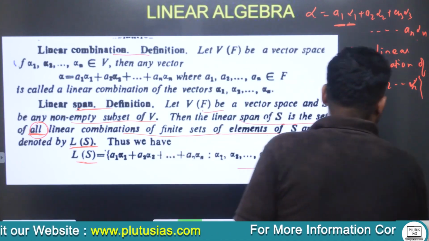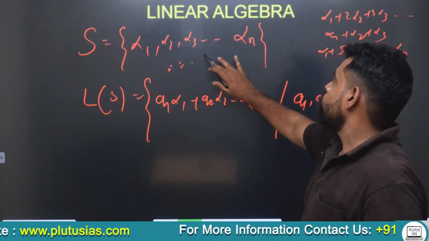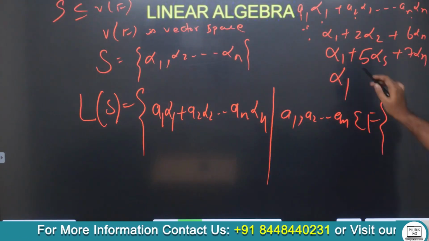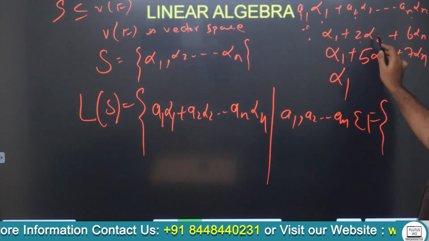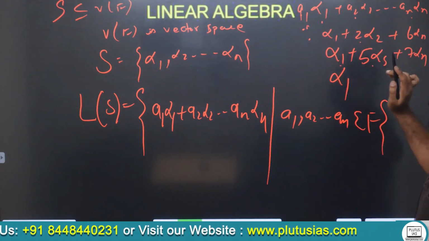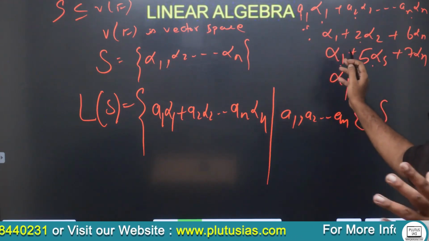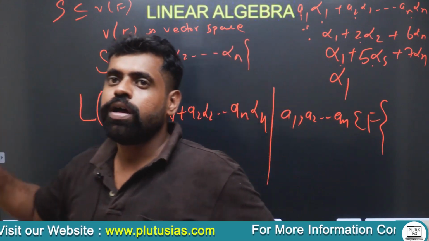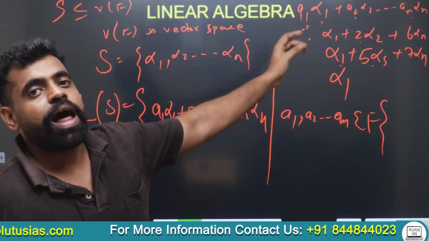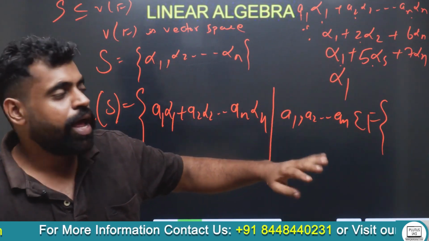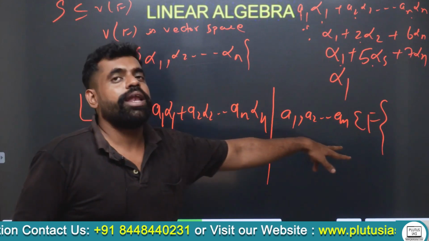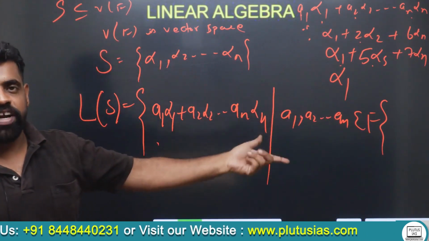That is, if I take alpha 1, alpha 2, up to alpha n, then all those combinations, a1 alpha 1 plus a2 alpha 2 plus up to an alpha n. I'm taking the field as real numbers for now. Suppose it is complex numbers, then the coefficients could be like 1 plus i; any element of the field works in the linear combination. Here a1, a2, an are the elements of the field.